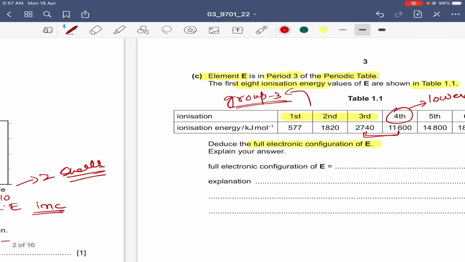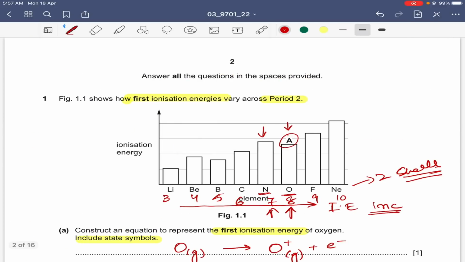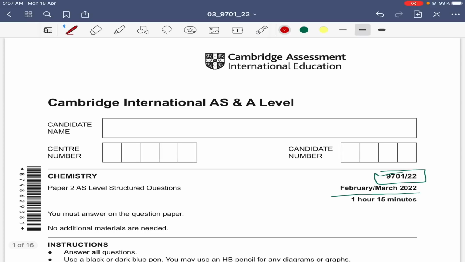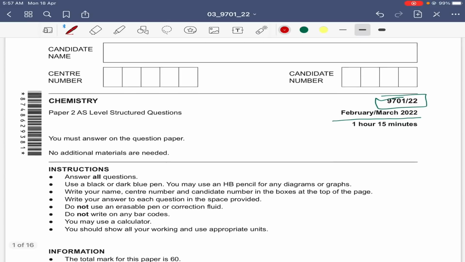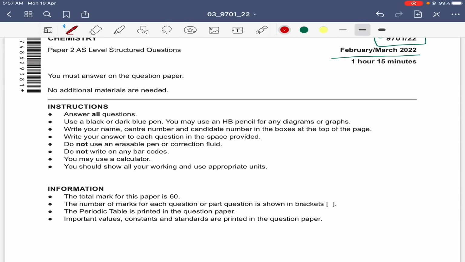And one more thing about this paper, I forgot to mention this in the start. Basically now you will not get any data booklet, right? You will get all the details or all the tables or any information you need with this paper. If you read the instructions, the total marks for this paper is 60. The periodic table is printed in the question paper. Important values, constants and standards are printed in the question paper.